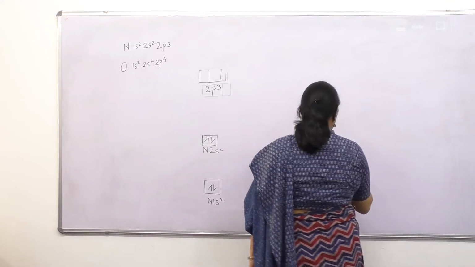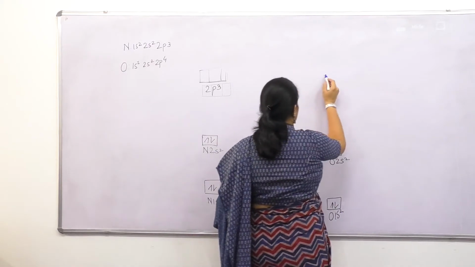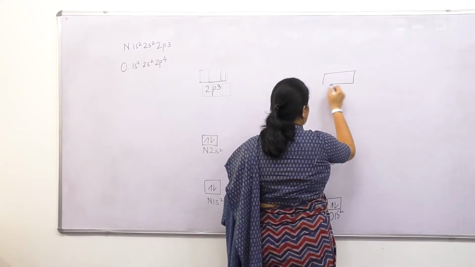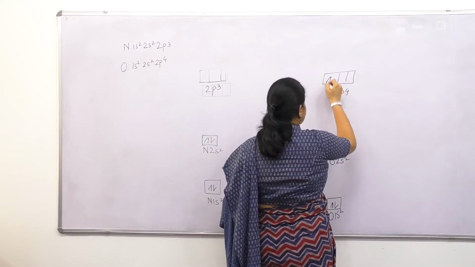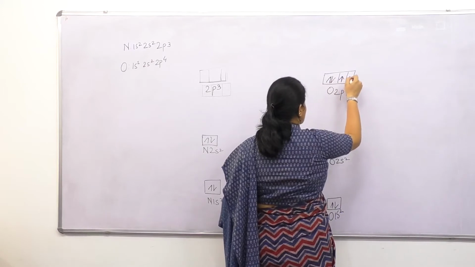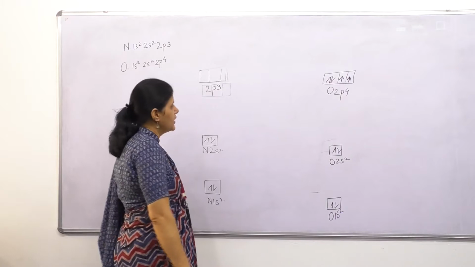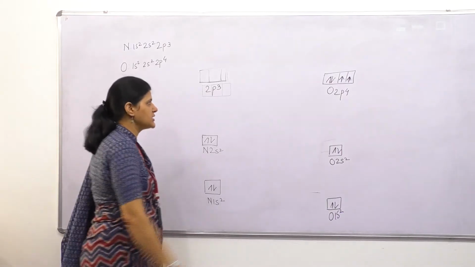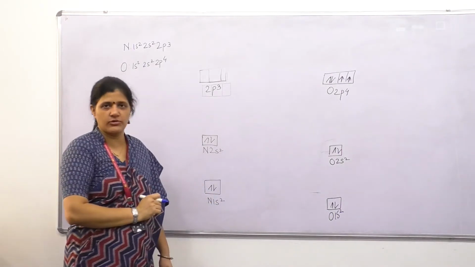Oxygen atom 2s2. And next we have oxygen atom 2p4. This is oxygen 2p4. Fine.